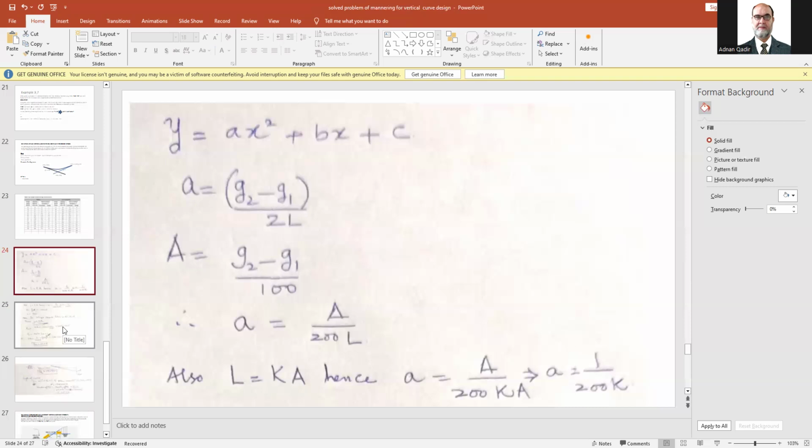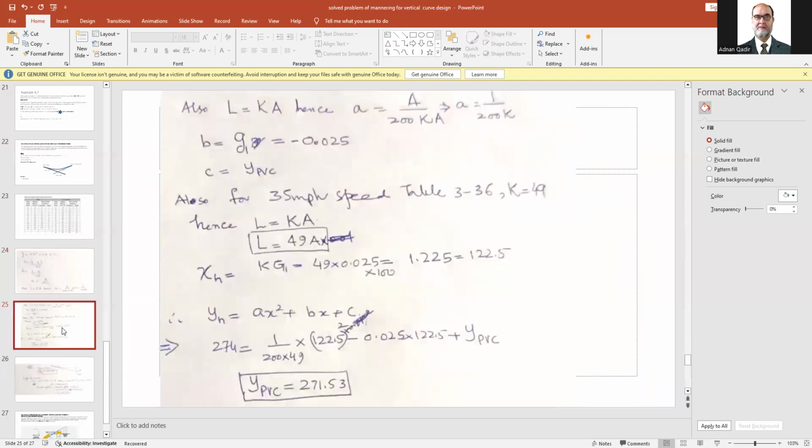Now, what we are going to do next is, from the very basic equation, we know that B is equal to G1 is equal to minus 0.025, and C is the elevation at the start of the curve. So for 30 miles per hour speed, table 3.36, we find K is equal to 49, and hence the length of the curve is 49 times A. Also, we know that the lowest point is K times G1.